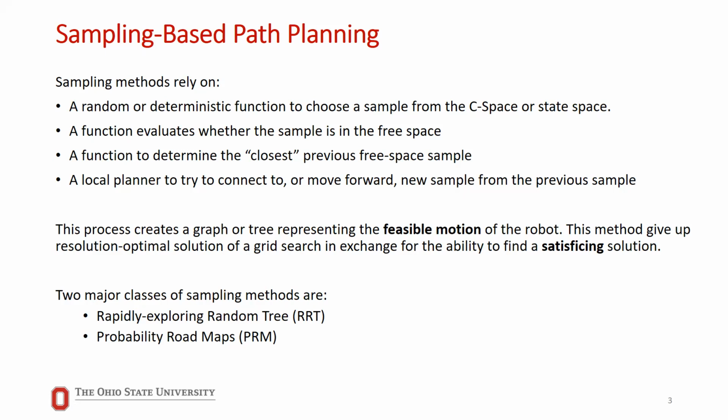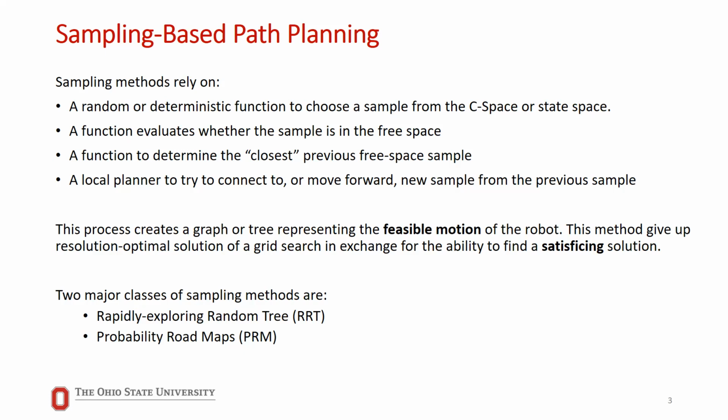There is no such thing as random, there's always a bias, but let's say random very lightly. So it generates points in that environment. Then there is a function that evaluates whether the samples are actually in the free space or in the occupied space, because a sample might end up on your obstacle. So a function has to compare these two, and then there's a function that will determine the closest node to the previous node.